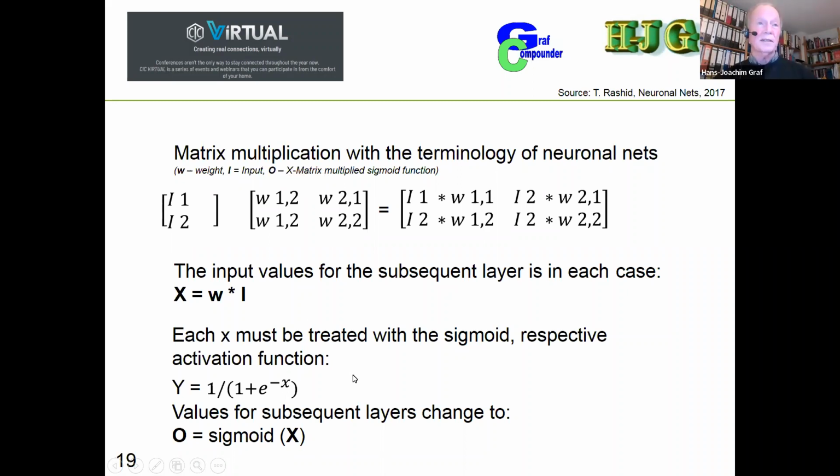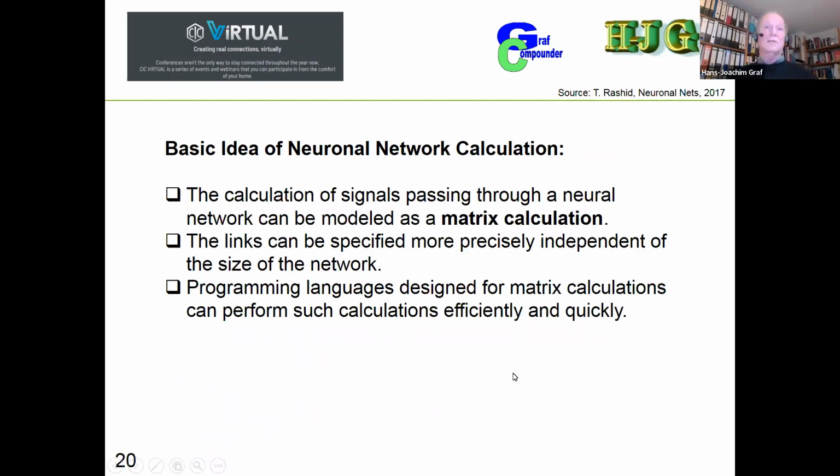This matrix is multiplied with a sigmoid function, which is written here, to have that modified. And here I modified all the subsequent layers. There's a programming language, Python, which is very standard in the meantime. I didn't know that half a year ago. There you have very easy code to program those things. So I said, wow, that's great.